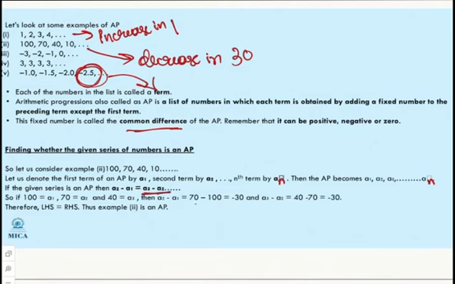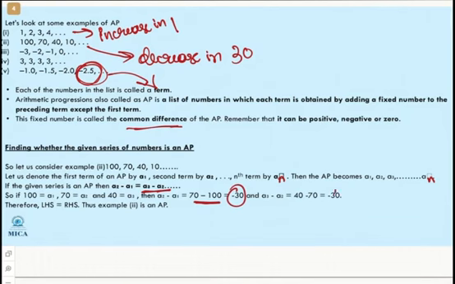So here when we do it as A2 minus A1, 70 minus 100 comes as minus 30. And when A3 minus A2 is equal to 40 minus 70, which is equal to minus 30. Hence, LHS is equal to RHS. Now we can say that the given list of numbers is an AP.